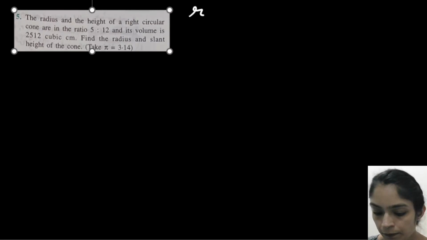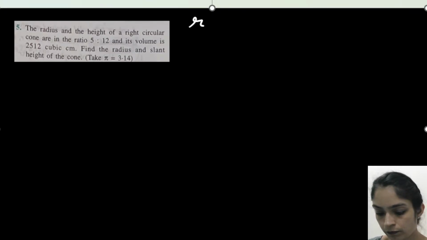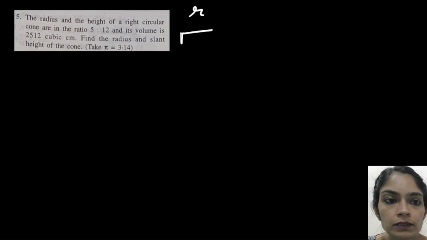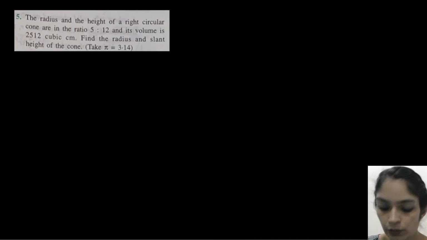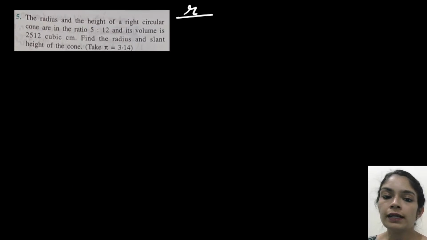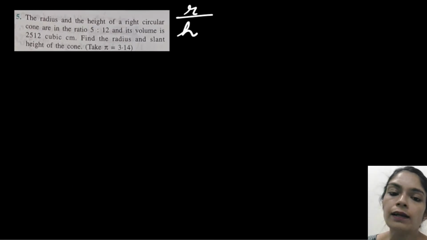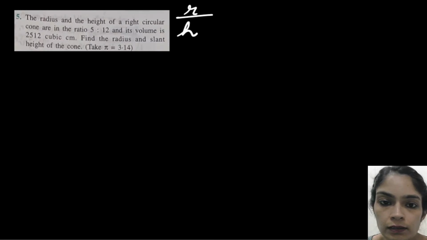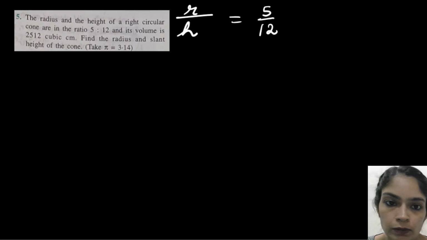R is 5 by 12 H. I'll be just writing in fractional form. So whenever ratio is given, we can write it in fraction. R should be written at the numerator and H at the denominator, because radius is written first. So radius by height is equal to 5 by 12. This is given to us.